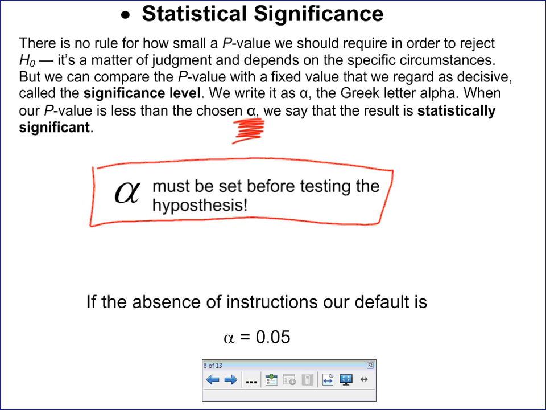On an AP exam, the data was collected for you, but you would set alpha before you perform any significance testing. So you would state your null hypothesis, and you would state your parameters, and you would state your alpha level. In the absence of instructions, our default is alpha equals 0.05, which should seem fairly familiar to you guys at this point.